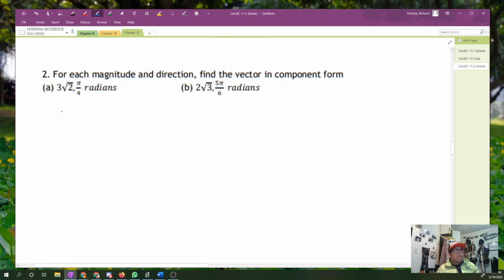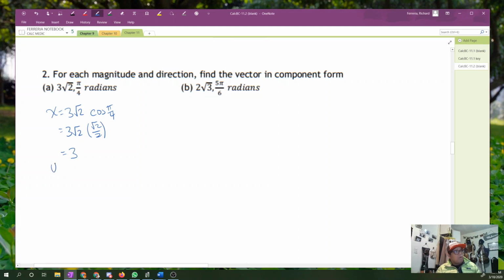But if we're finding the vector in component form, then the x component is going to be the magnitude 3 root 2 multiplied by the cosine of pi over 4. Cosine of pi over 4 is radical 2 over 2. So if you multiply all that together, you get 3 times 2 over 2, which is just 3.